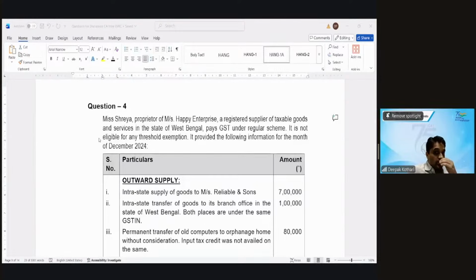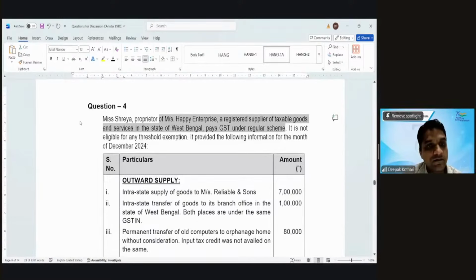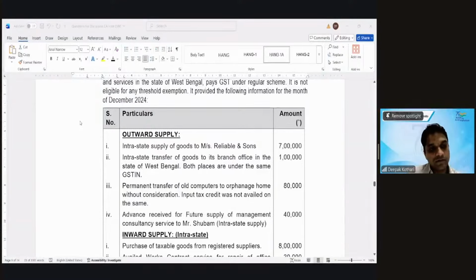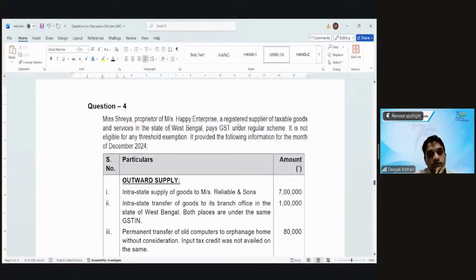MCQ will be 15 marks, Navneet, and descriptive will be 35 marks. He pays GST under regular scheme, not under composition scheme.